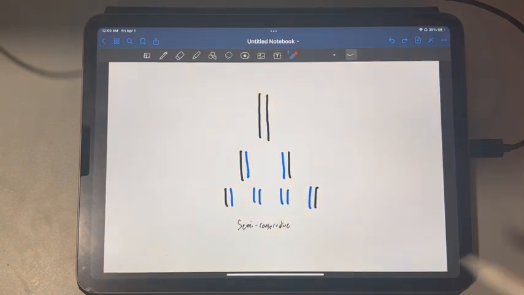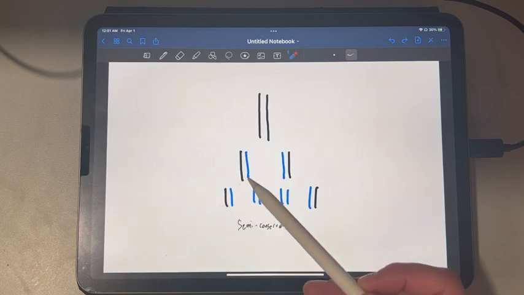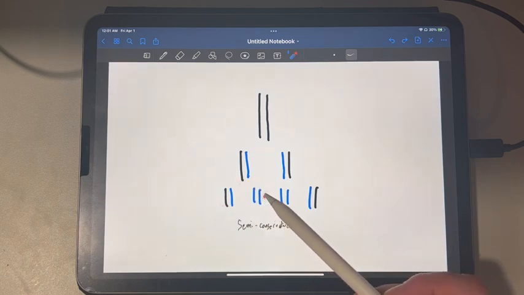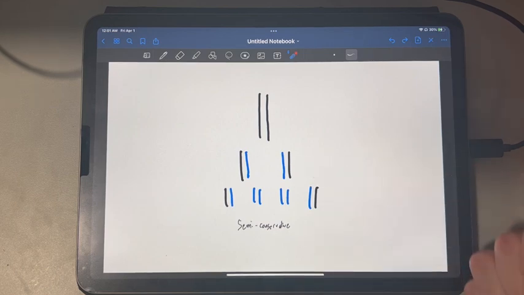Then, after another round of replication, this one original parent would go to here, and this one would go to here, and we'd get 2 new DNA strands. And the same thing would happen over here.